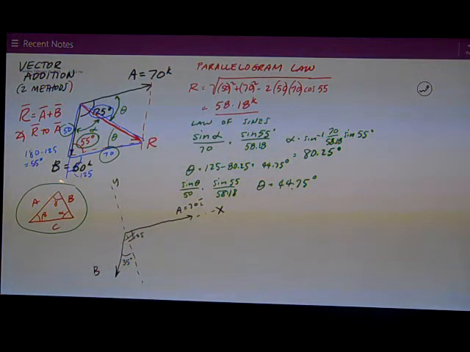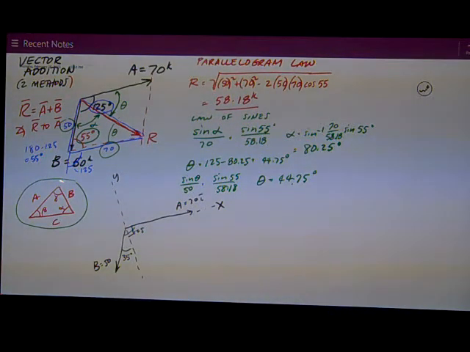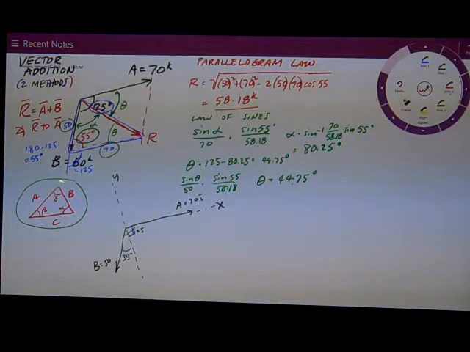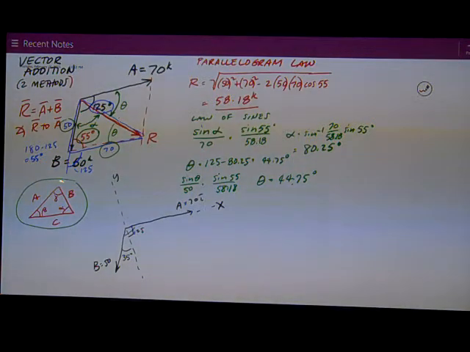B is 50, and I just need to get the components of that in the x and the y direction based on that 35-degree angle. It's pretty easy. I've got by down, so it's going to be negative, and I've got bx to the left, so that's going to be negative. Bx and by are the Cartesian components of B.